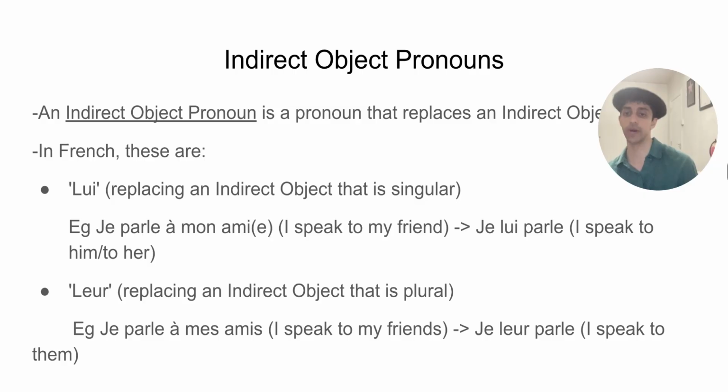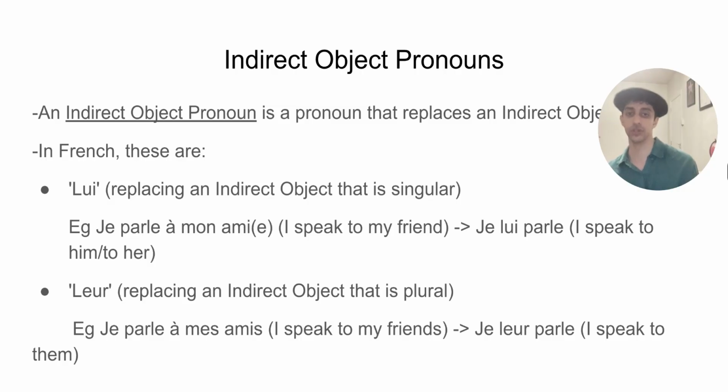For example, je parle à mon ami, meaning I speak to my friend. We could replace à mon ami. Mon ami is the indirect object, and we can tell that more clearly because it comes after a preposition. It comes specifically after the preposition à in French. And if we were to replace all of that, à mon ami, all of that indirect object, we could replace it with lui.